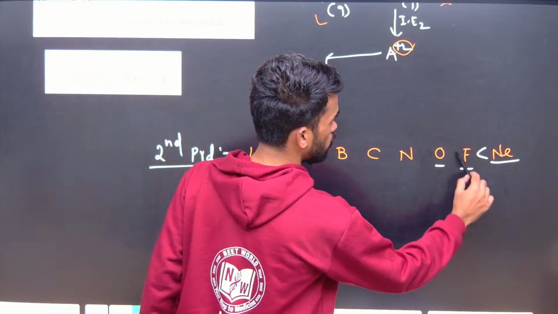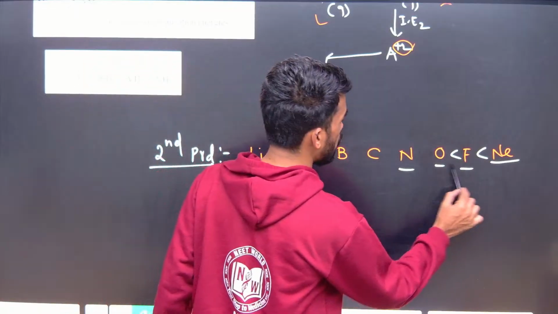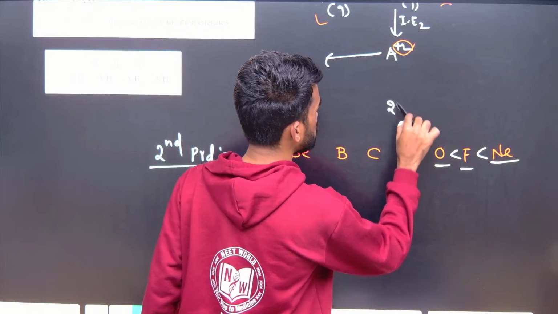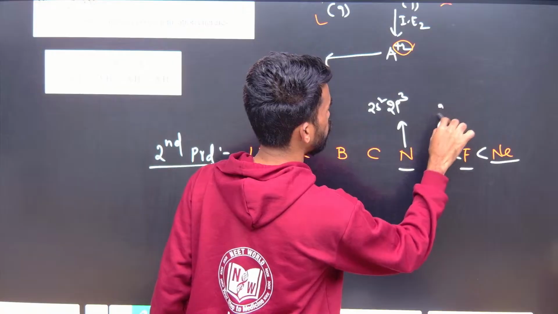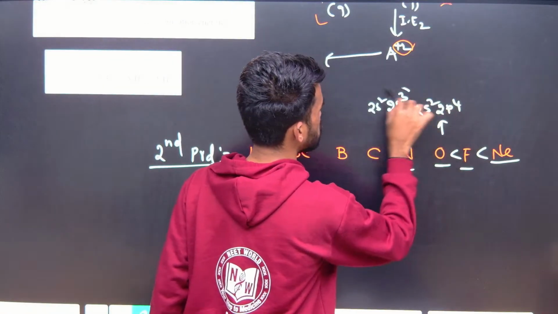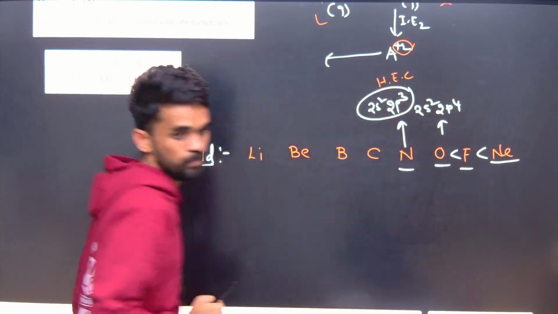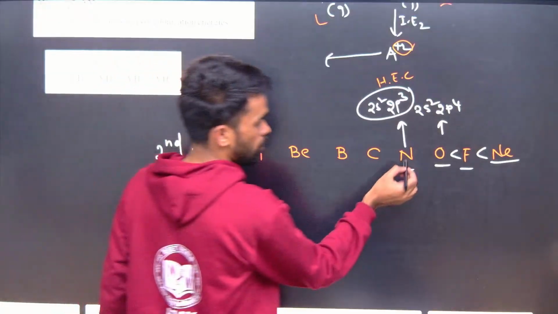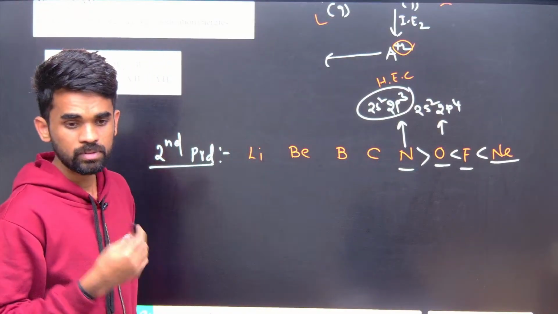Between these two, fluorine is more electronegative, so it has more. Between nitrogen and oxygen, here it is 2s2 2p3, this is 2p4, okay. So removal of an electron from nitrogen is difficult as it has half-filled electronic configuration, okay. Therefore nitrogen has more ionization energy than oxygen.